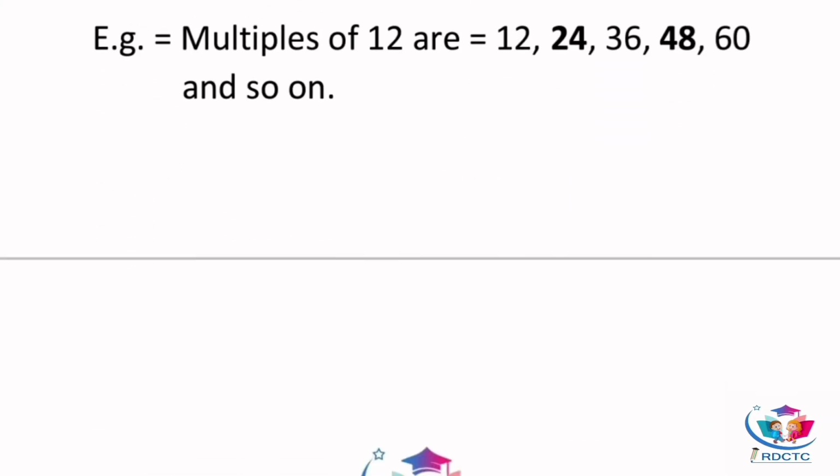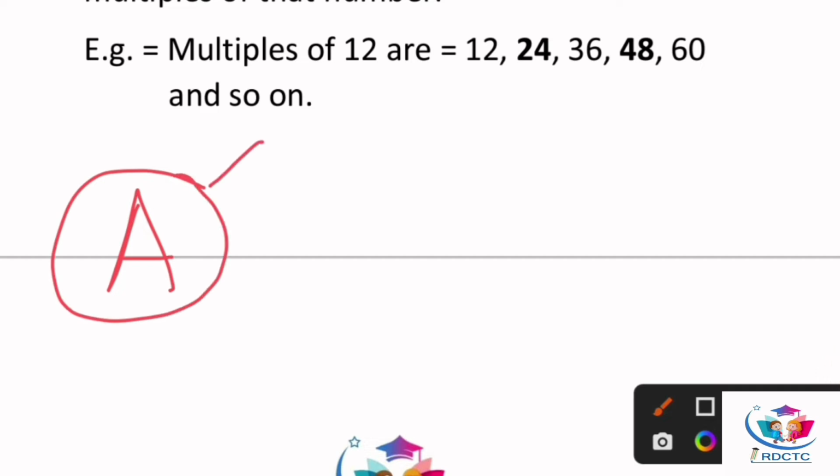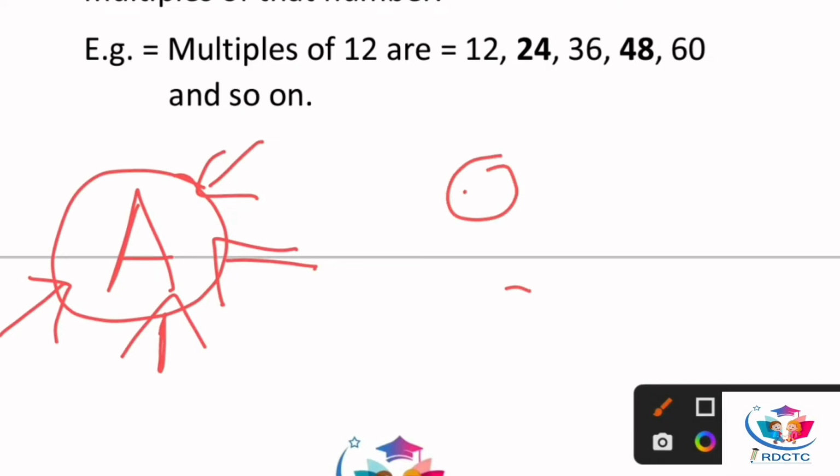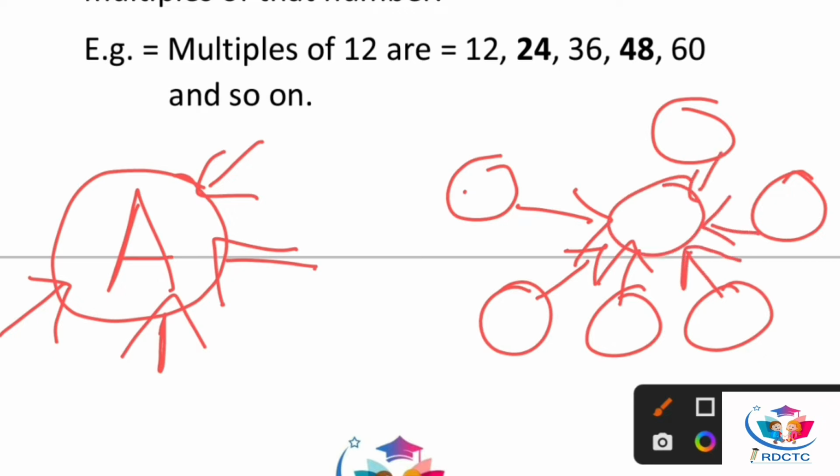In factor, there is a certain number that is divisible by distinct numbers. Okay, and in multiples there are many numbers that are divisible by a certain number. Okay, is it clear to all?